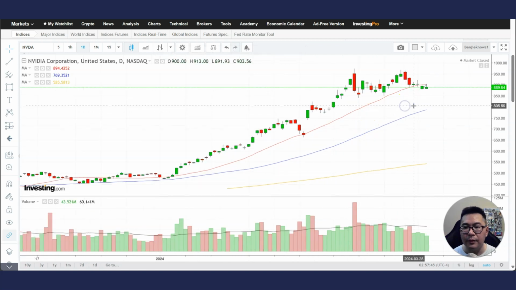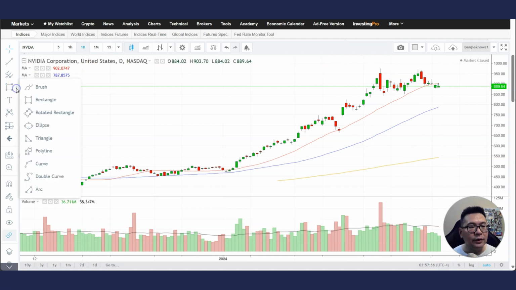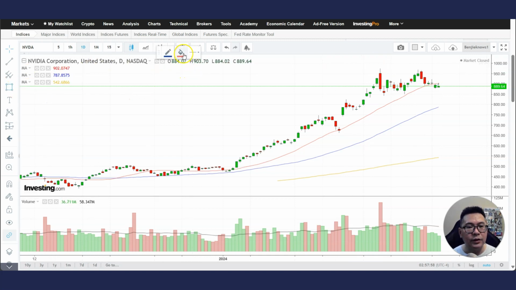Alright, just bear with me as my internet connection is a bit slow. So right now it is below the 20 MA, something which I usually do not like to see in strong trending stocks, but it has not dropped below this support area, which means we can just treat it as a consolidation.